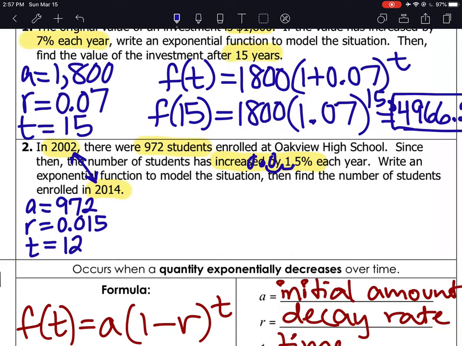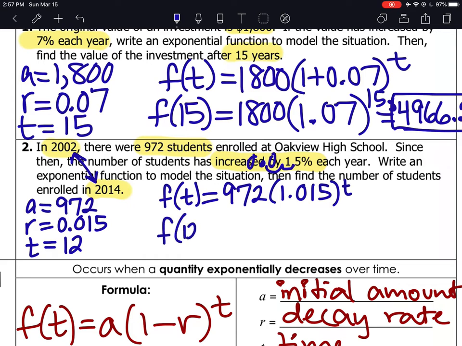So if you were to plug it into the equation, you would get f of t is equal to 972, open parentheses, 1.015. I have the 1 from the formula and I added it to my rate to the t power.